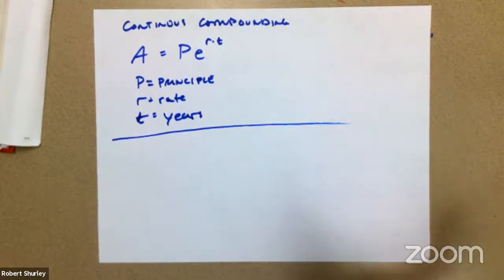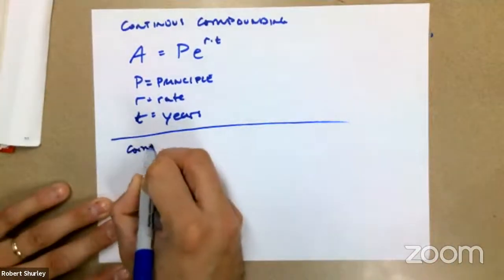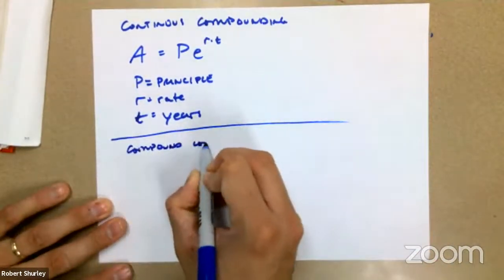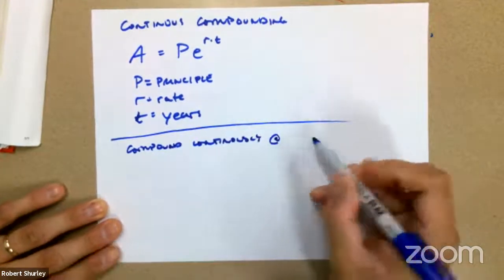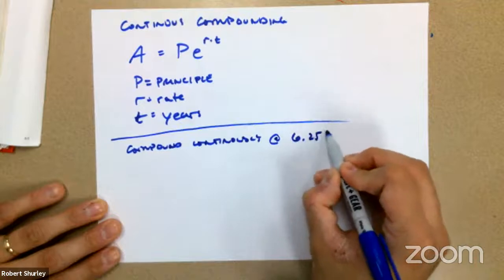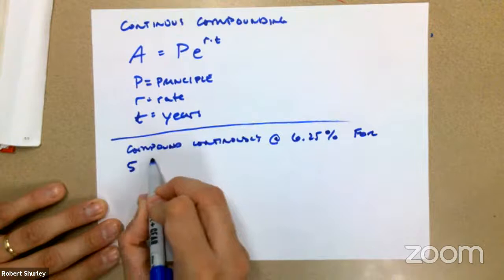We do continuous compound because that's what all the cool kids are doing, and they compound continuously at, let's say, 6.25% for 5 years.